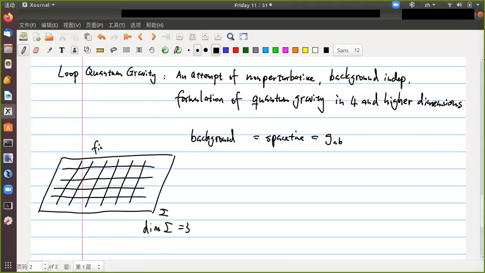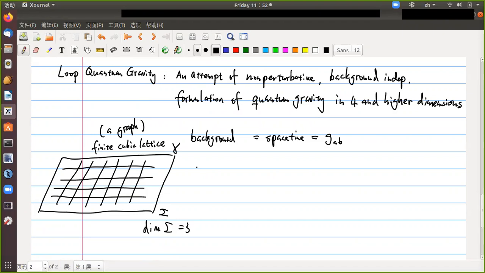For simplicity, let's consider it is a finite cubic lattice. Finite means that you have a finite number of vertices at this moment. I call this lattice gamma, and in the terminology of loop quantum gravity, people also call it a graph. But this graph is now just a finite cubic lattice.